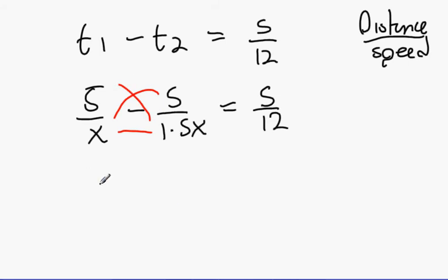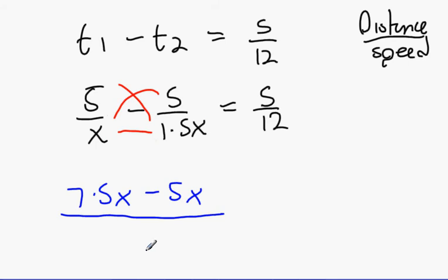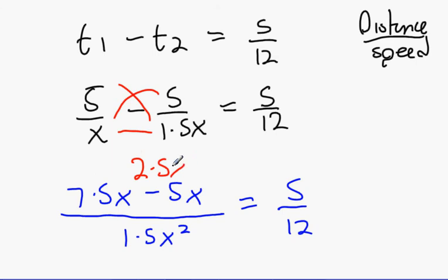So we're going to get, what's 5 times 1.5? 7.5x minus 5x. On the bottom, we're going to get x multiplied by 1.5x, 1.5x squared, 5 over 12. The 7.5 minus the 5 is 2.5x.